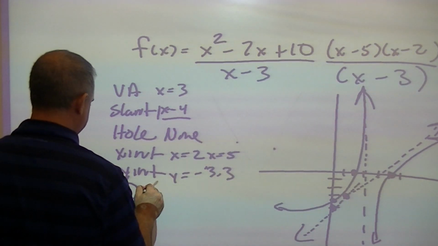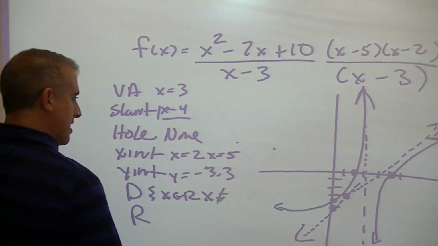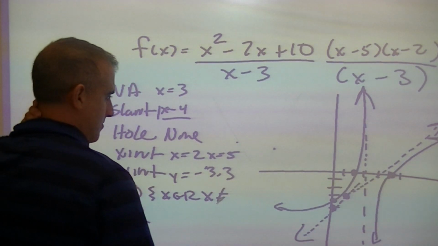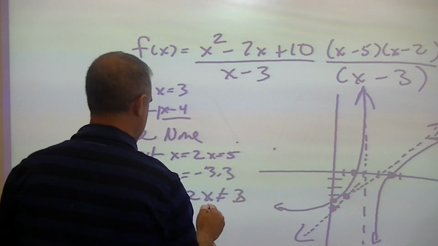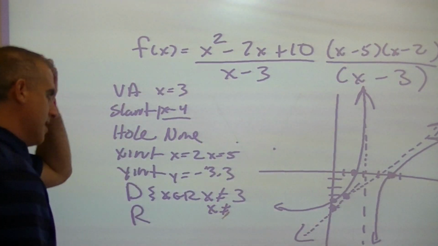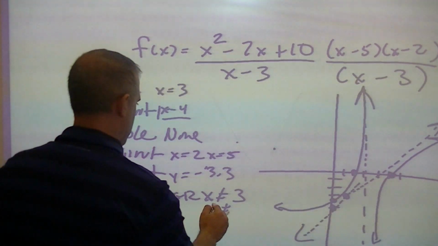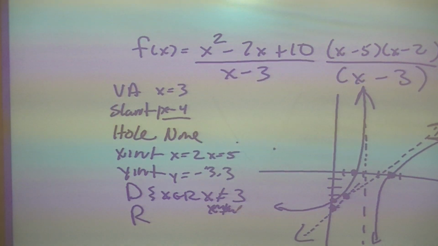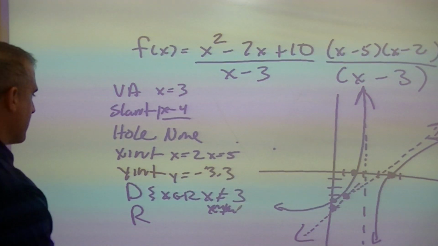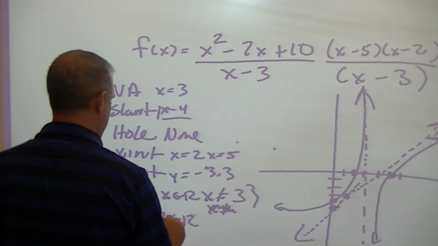Your domain is all real numbers, except x can't be 3. I think that's it, actually, there's no hole in that. And then your range is, y is an element of all real numbers.